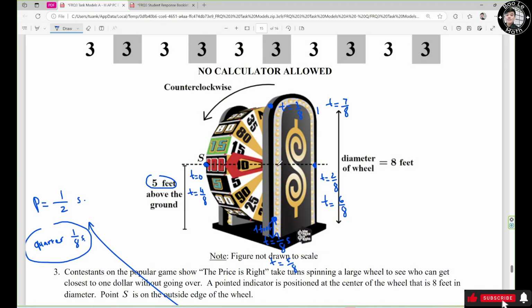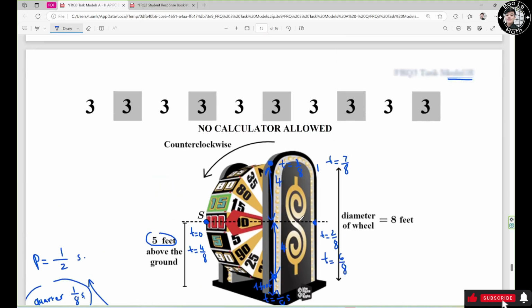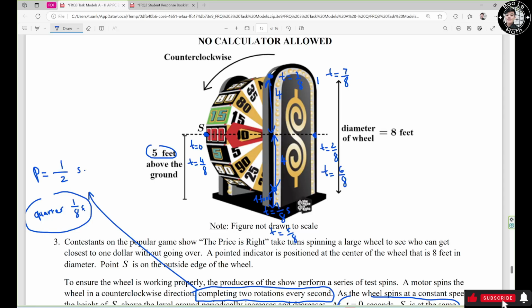The distance from here to here is going to be 4. Now when point S is at the highest point, this is the maximum value. It should be 9, because 8 plus 1 right here.